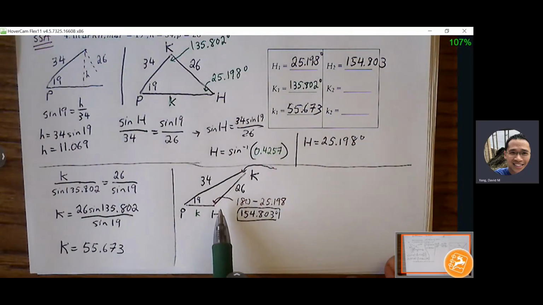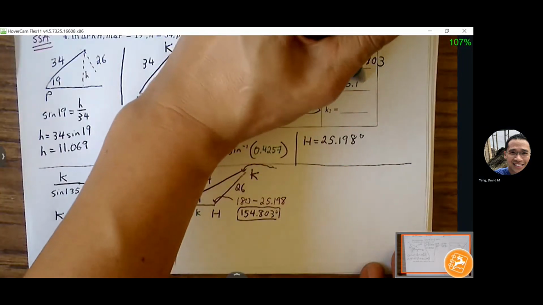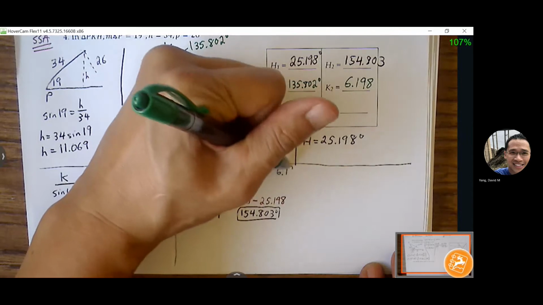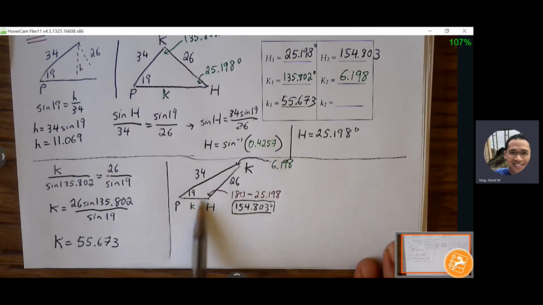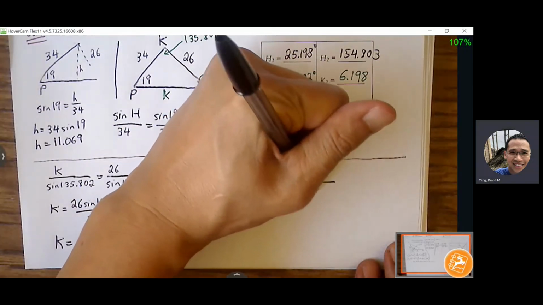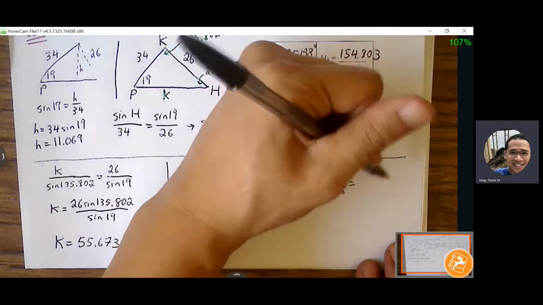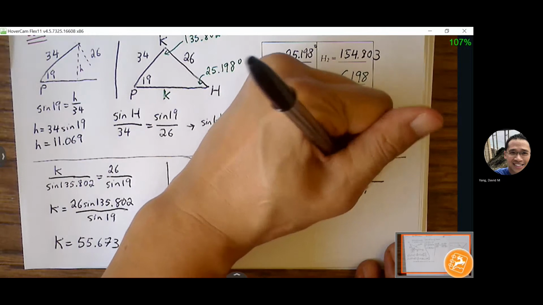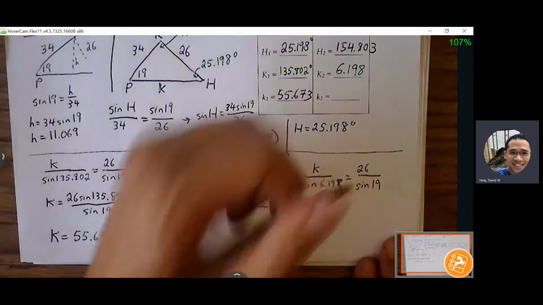Angle K, 6.198. And now law of sines will take care of that last piece that we need. Cross multiply, solve for k.